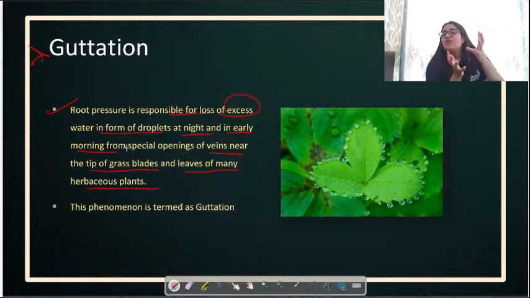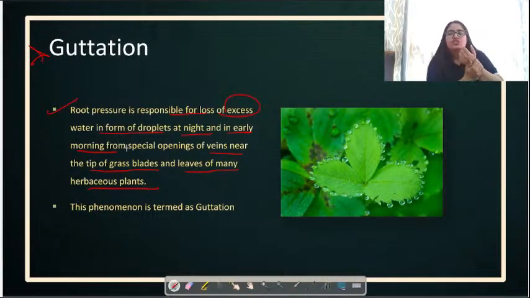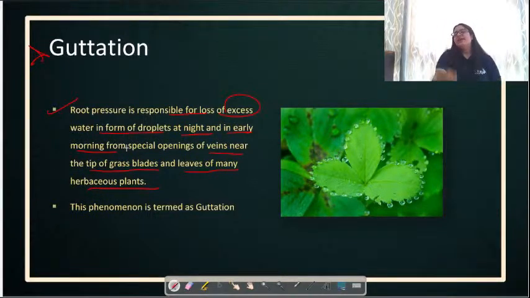Hence whatever water the roots have absorbed in excess is lost in the form of droplets. So guttation takes place because of root pressure and can be seen during night or early morning, where the transpiration rate is low and the plant loses this excess water in the form of droplets.